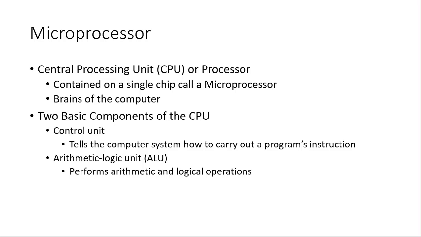So ALU ni dia lebih kepada yang melibatkan arithmetic, penambahan, penolakan. Okay, tambah tolak tu semua tu lah. Okay. And or operation, semua tu logical operation, dia akan melibatkan ALU. Okay, tapi kalau untuk run program semua tu, itu adalah fungsi control unit. Okay, next.